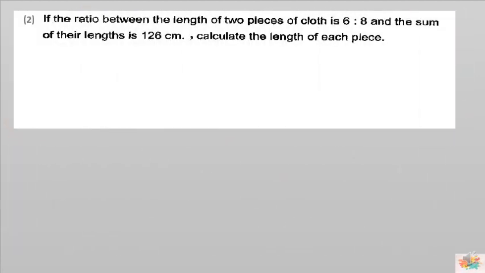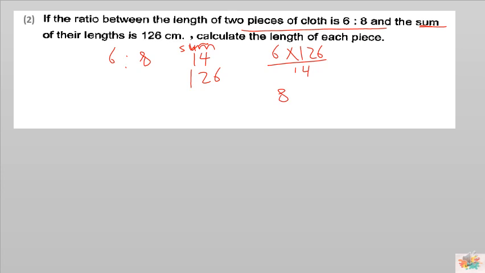If the ratio between the lengths of two pieces of clothes is 6 to 8, and the sum of their lengths is 126, calculate the length of each piece. First, the sum of the ratio numbers here equals 14, and under it write 126. So the first one we will do 6 by 126 divided by 14, and the second we will do 8 by 126 over 14.